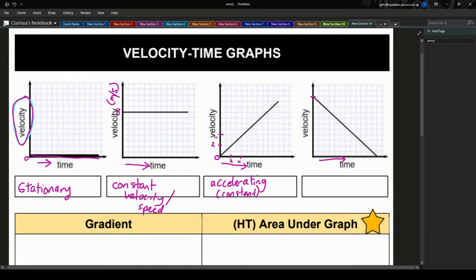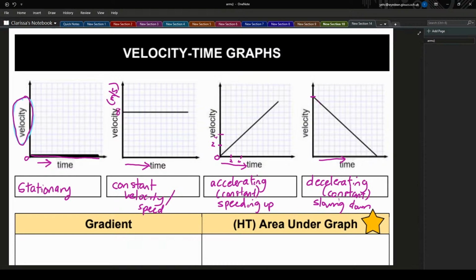This is another keyword we learned last lesson: the object is decelerating, meaning it is slowing down. So I'll say speeding up over here because velocity is increasing over time, and decelerating, slowing down, because velocity is decreasing over time.